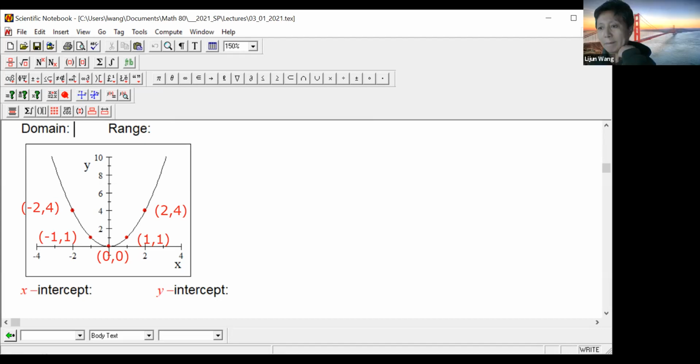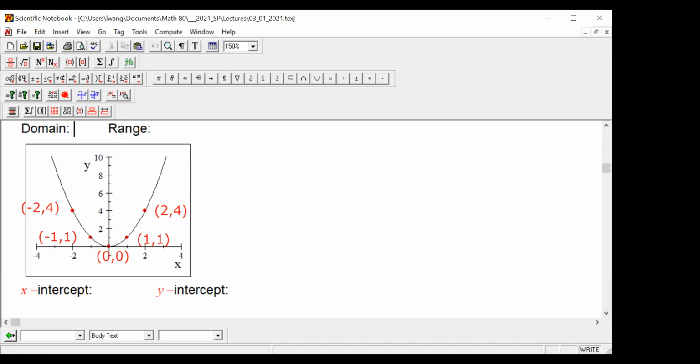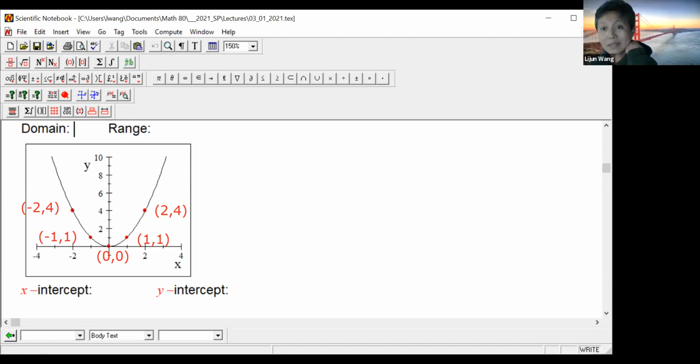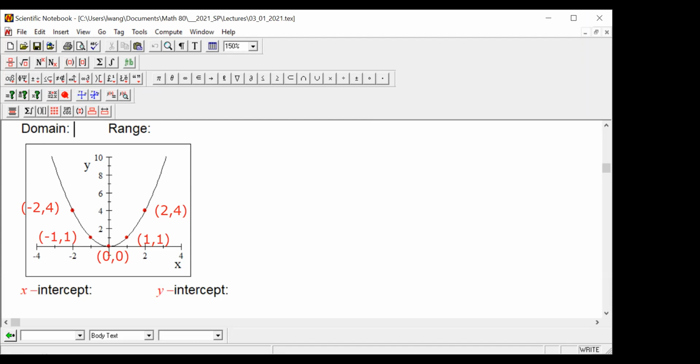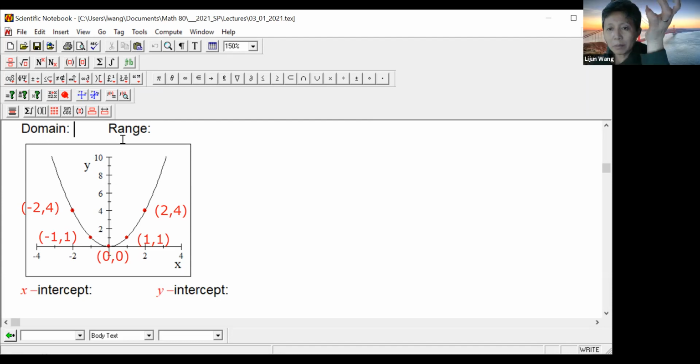What is the domain? Y is greater than or equal to 0. Y is about output. Domain is about input. What are the numbers, what is the collection of numbers that this rule can apply to? And for every such number, you produce exactly one output.